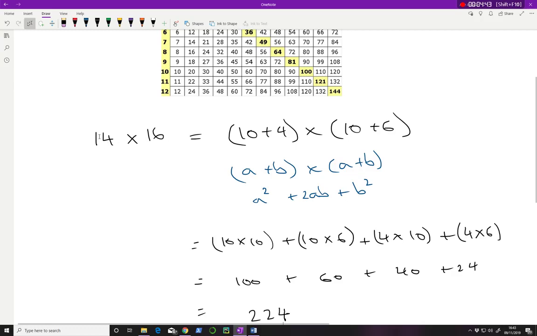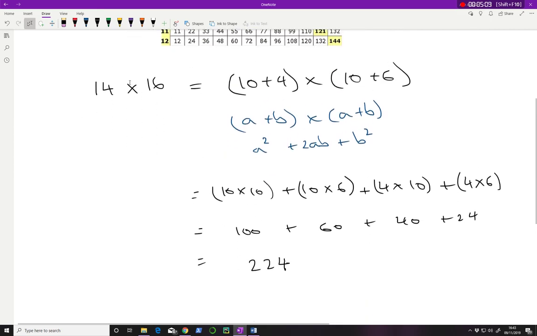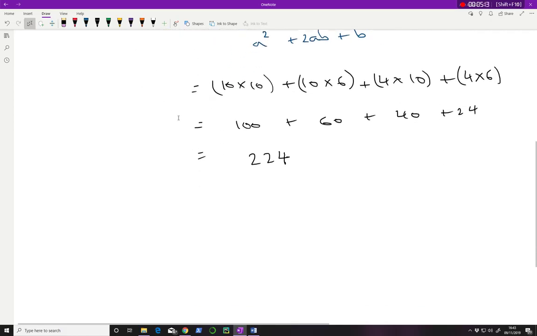So this is the same thing as 10 plus 4 times 16. 16 times 10 is 160. 16 times 4 is 4 times 10 and then 4 times 6, so that's going to be 64. And add them all together and you get 224. So you're probably wondering, okay, that's not too hard. Okay, let's do something a bit harder then.